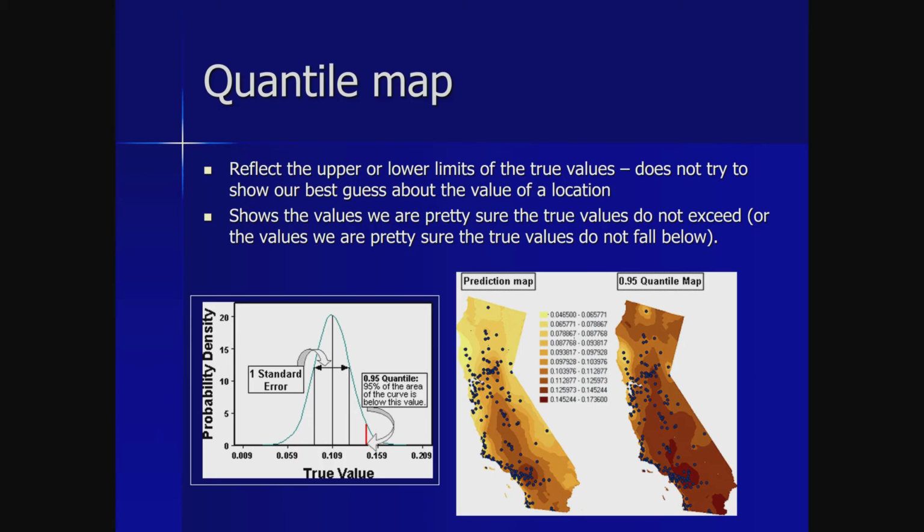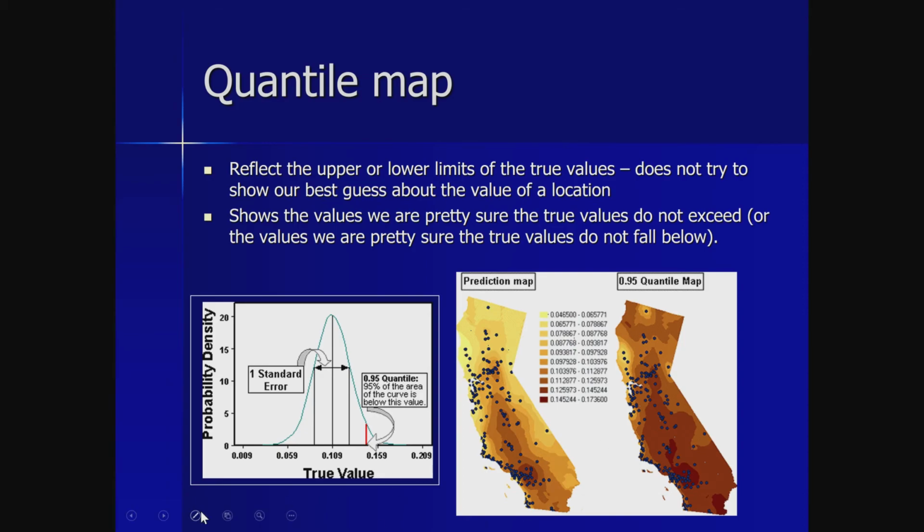And so you might use a map like this for all the high schools in your area and say, okay, if they fall in this 95% quantile, we're pretty sure that they're not going to get hurt. You might actually want to go to the 99th quantile, right, if you're talking about kids and their safety, but you get the example of why that could be useful. So we're 95% confident that the true value is either that or lower.